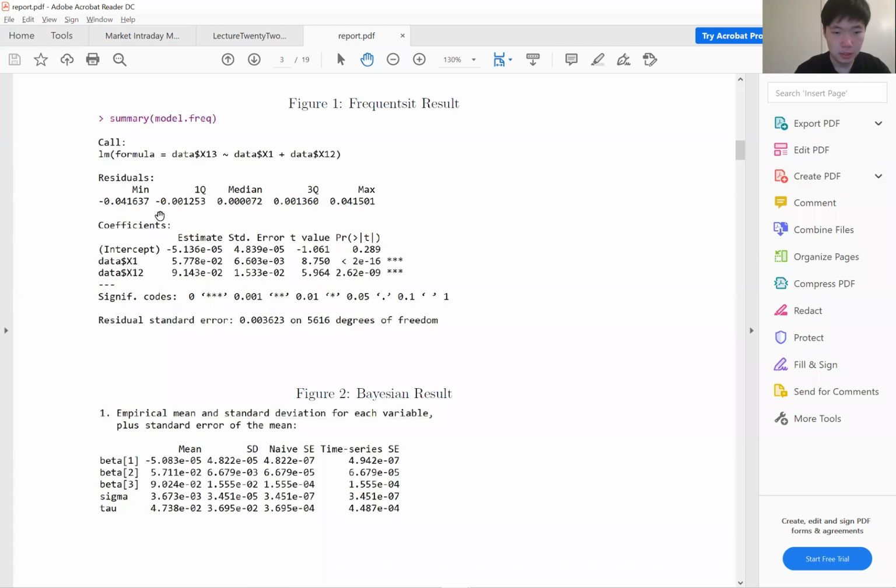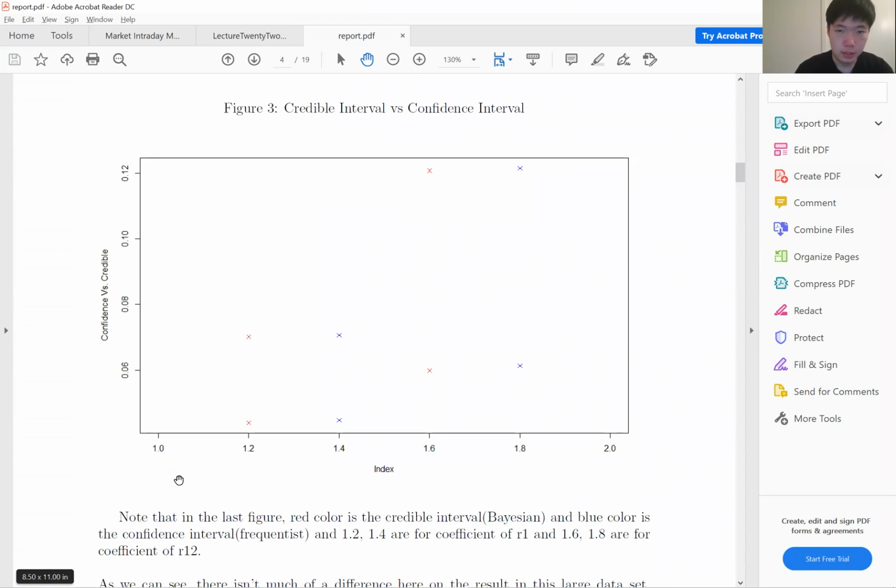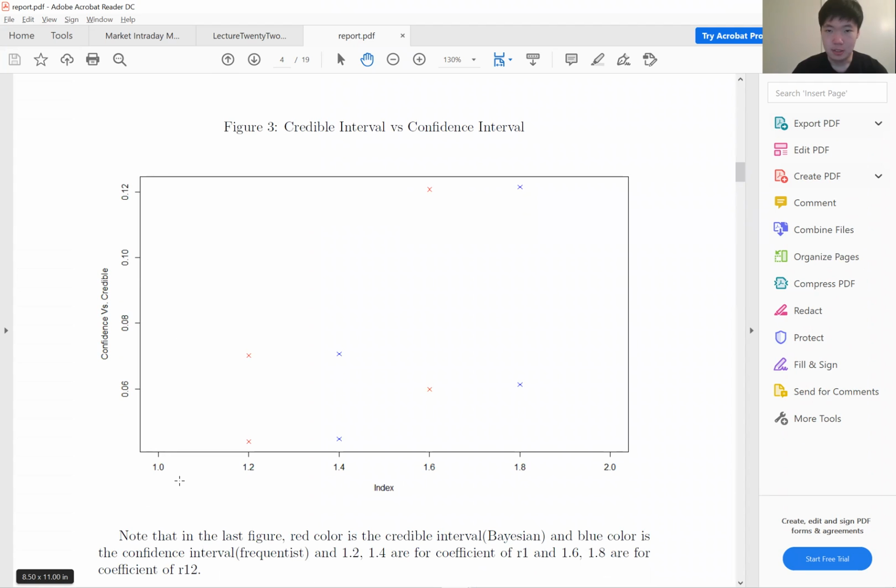As we can see, these two approaches are quite similar in results. The frequentist gives 5.77 as the coefficient for return 1, and the Bayesian gives 5.71 as the coefficient for return 1. And the credible intervals and the confidence intervals also agree with each other.